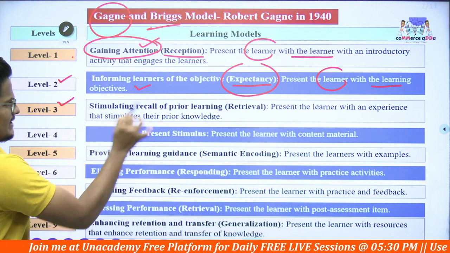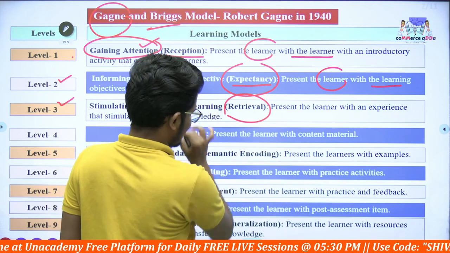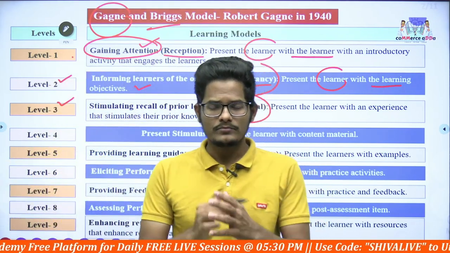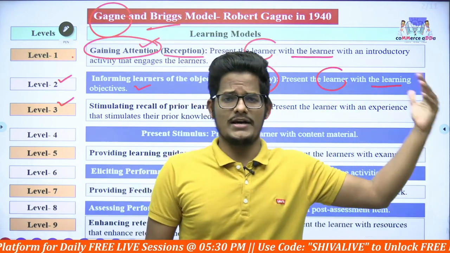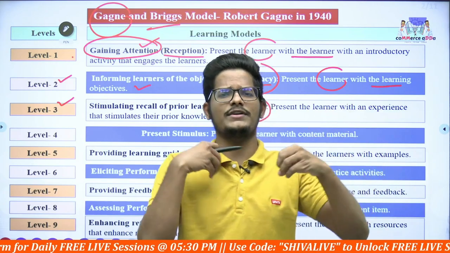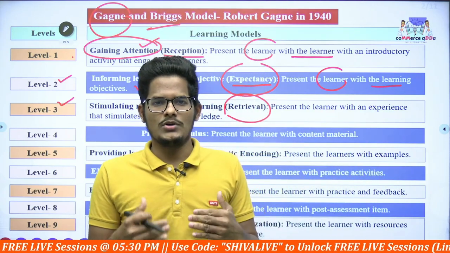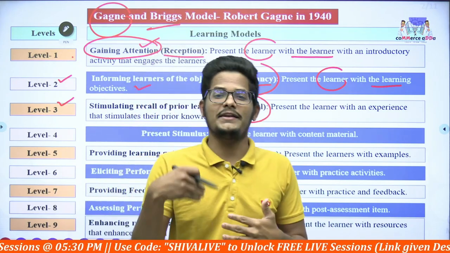Next, stimulating recall of prior learning. This is retrieval. What is retrieval? Some concepts we have already learnt in our PG or UG or intermediate or in schooling. Now the teacher's duty is to ask, guys, do you know this topic already? Or do you have any idea about this topic?